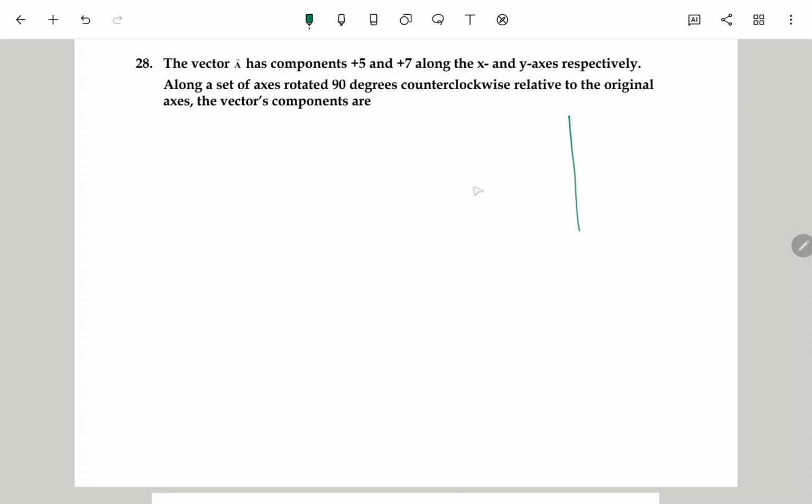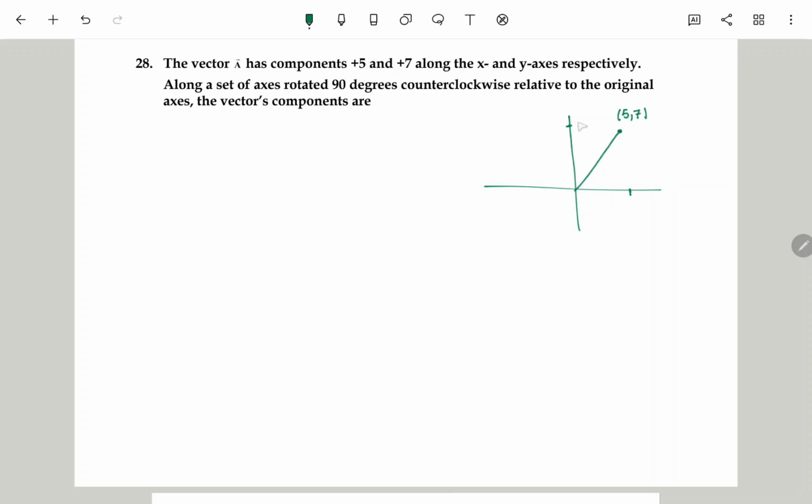Let's just have a quick sketch here. Vector A has +5 in the x-axis and +7 in the y-axis. It should be something like this. And the point here is 5, 7.